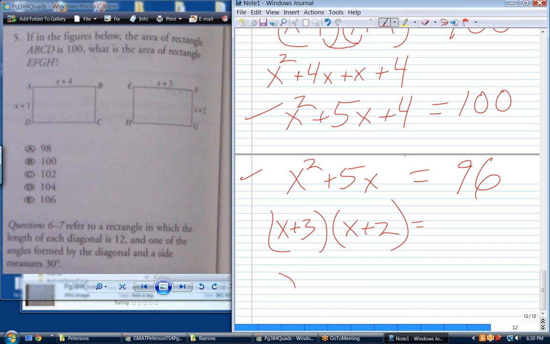You'll see where we're going here. So x squared plus 3x, plus 2x plus 6, which is x squared plus 5x plus 6.